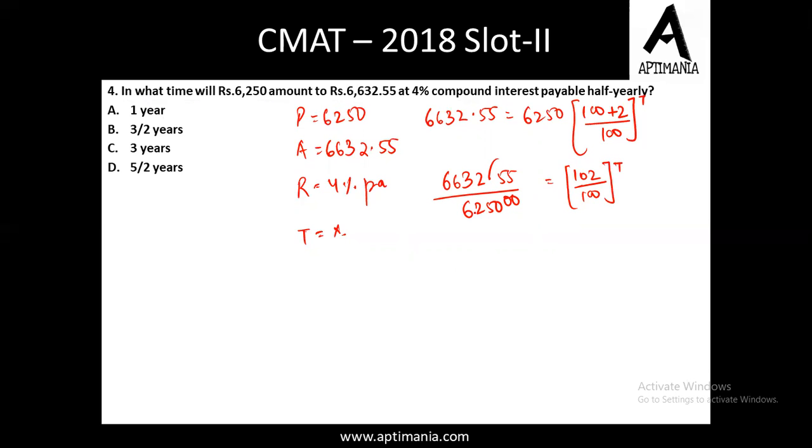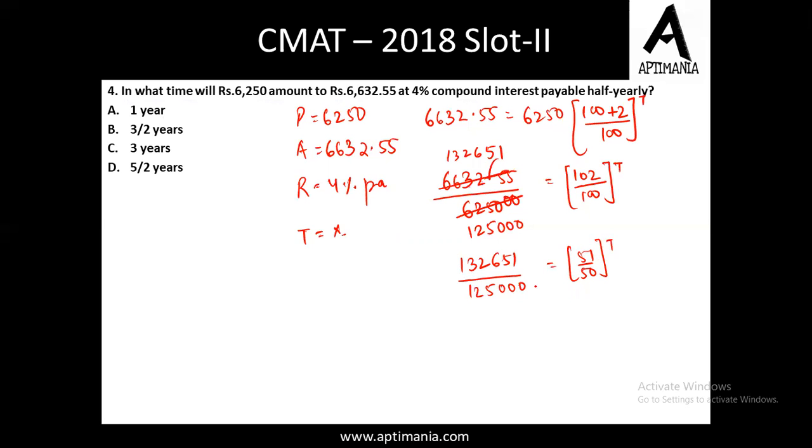Now cancelling it out by 5, I'll have 125000 in the denominator, and in the numerator I'll have 132651. So it's 132651 upon 125,000, which equals 51 upon 50 raised to the power t, right?